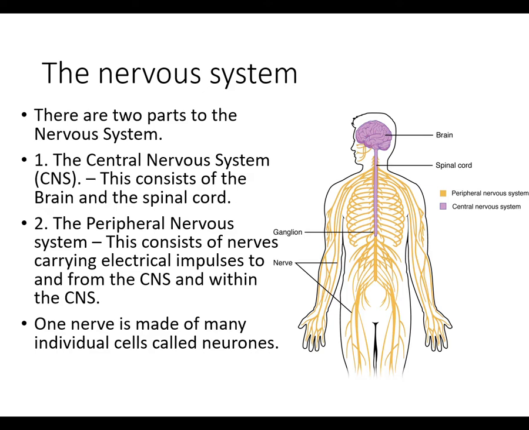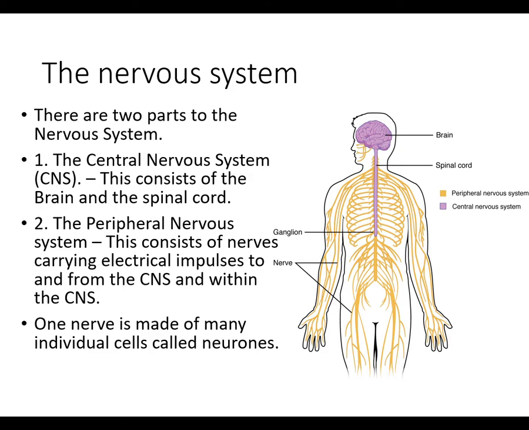You have two parts to your nervous system: your central nervous system, or CNS, which is your brain and your spinal cord. Your spinal cord is essentially just an extension of your brain. So it is capable of doing lots of things that your brain does, things that you don't think about. It's very capable of controlling things like your response to a stimulus. It doesn't do the higher order thinking skills like your brain does, but it is very good at controlling and coordinating other responses.